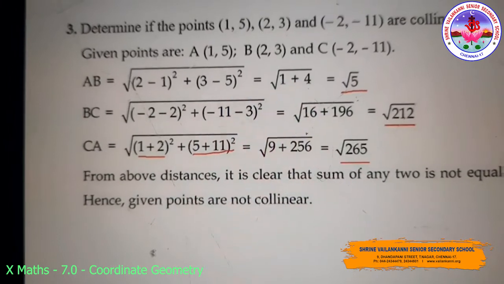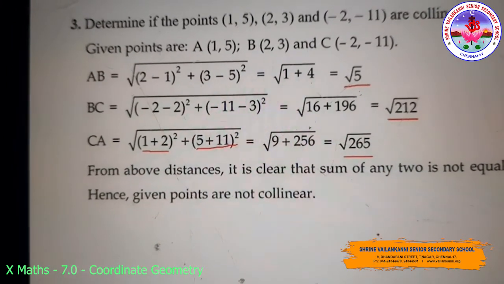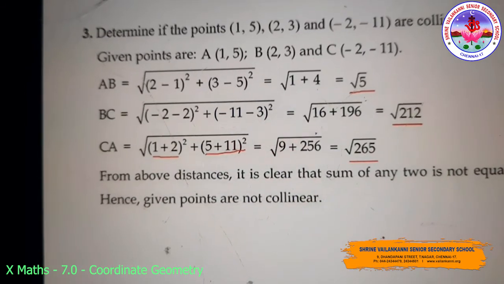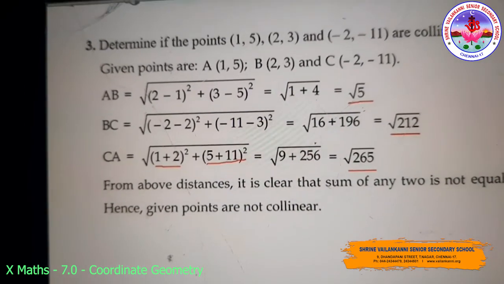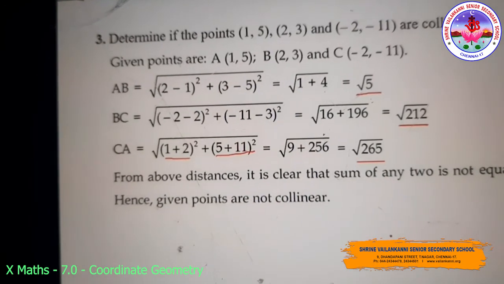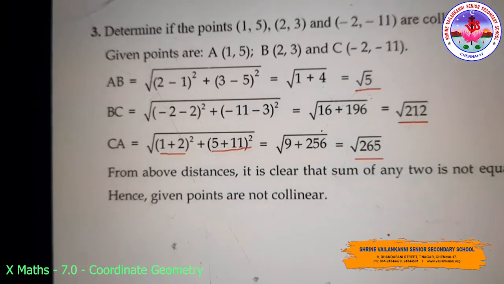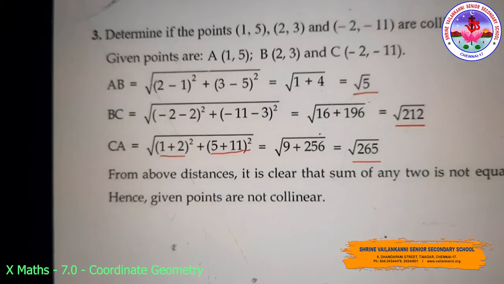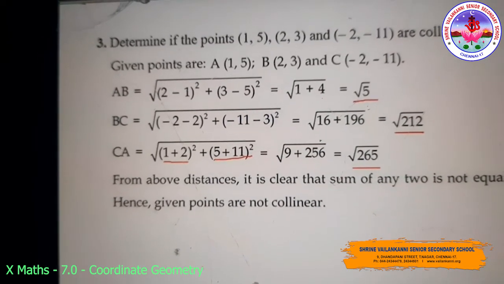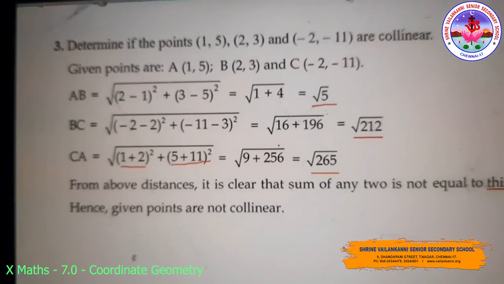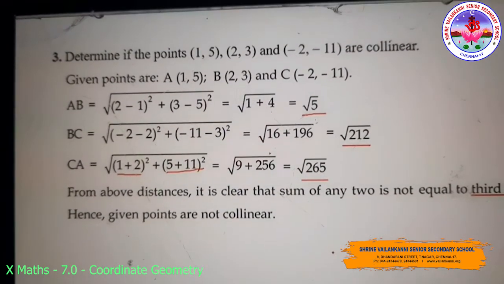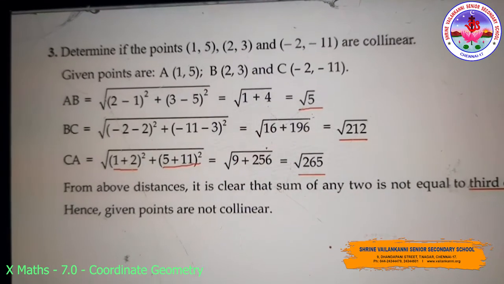Now CA distance is equal to square root of 1 plus 2 the whole squared plus 5 plus 11 the whole squared, which is equal to square root of 3 squared plus 16 squared, which is equal to square root of 9 plus 256, which is equal to square root of 265. Thus, it is clear that the sum of any two is not equal to the third distance. So, these points are not collinear.